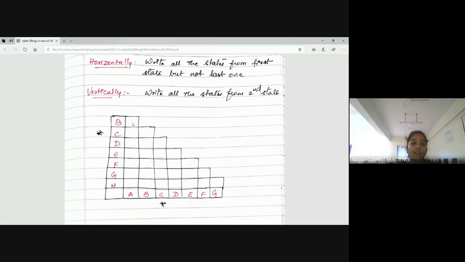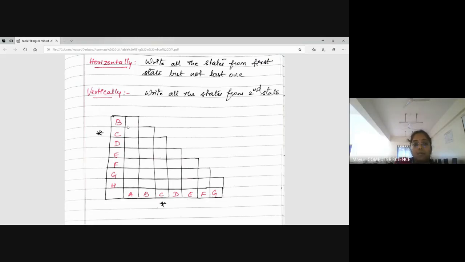A is a non-final state, B is also a non-final state. Then the pair AB is an indistinguishable pair. So I think I can reduce that later. We will see. We can make the cross marking for the states which are distinguishable.